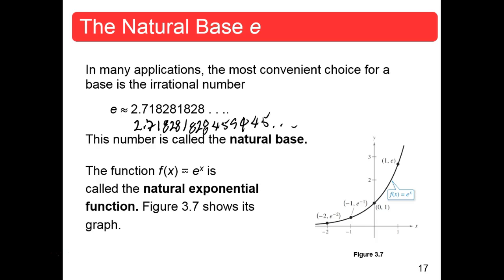So you see it's in between those two. And then 1 over e, or e to the minus 1, that's down here. It's a little bit greater than 1/3, because 1/3 would be less than that, 1/2 would be greater than that. Okay? E to the minus 2 is between 1/9 and 1/4. It's somewhere down there, closer to 1/9. Okay? So it just follows the same pattern as any exponential function. Okay?